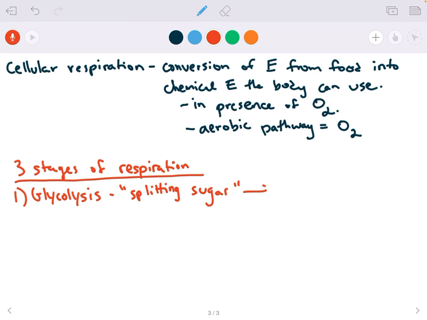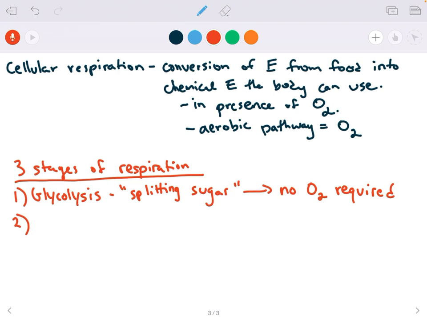Importantly, with glycolysis, there's no oxygen required for glycolysis. Right, the other steps will require it, but not glycolysis. We'll learn in a couple classes that fermentation is what happens when we don't have oxygen. Right, we can run glycolysis, then do fermentation, and that can continue without oxygen.